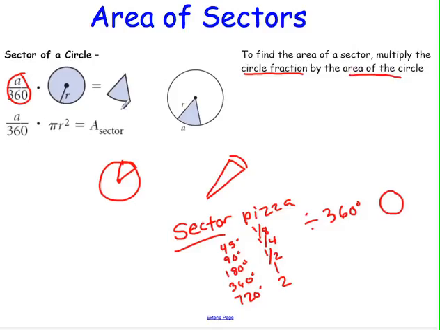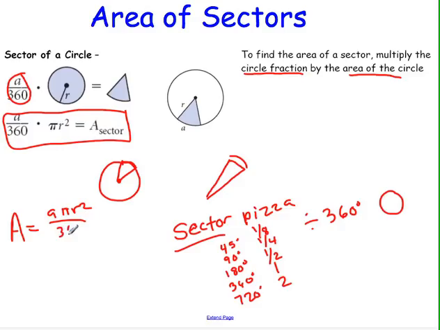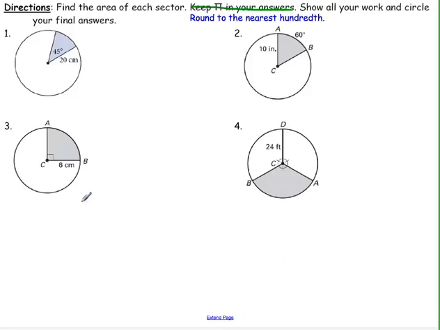So our equation is the angle divided by 360 times pi r squared. One way to write this: area equals the angle times pi r squared, and then divide by 360. If you need to memorize this, you can memorize it. You might put it on a note card if you have one.